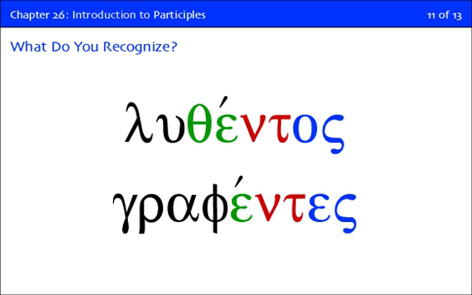Luthentos. What's that? All right, it has to be an aorist passive, doesn't it? You recognize that it's luo, but you have the theta. Now, what's different about the tense formative? The eta has shortened. What do we call that? Ablaut. This is why I was saying back in chapter 7 that vowels shorten or lengthen or can even drop out altogether.